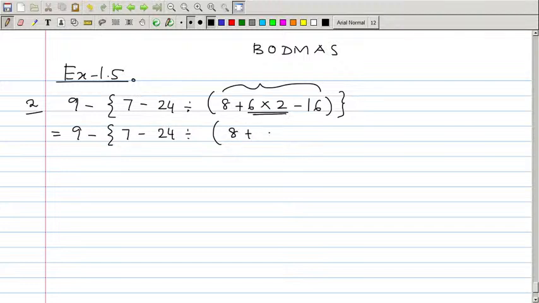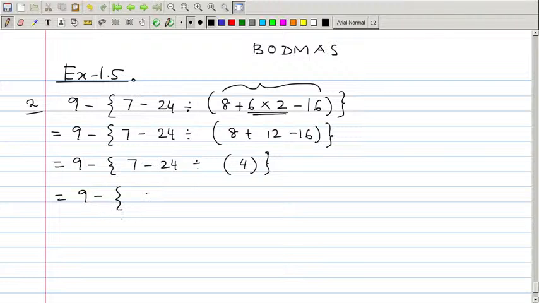So 8 plus 12 minus 16. 9 minus 7 minus 24 divided by, this is 20. 20 minus 16 is 4. 9 minus 7 minus 24 divided by 4.